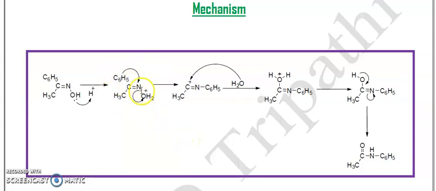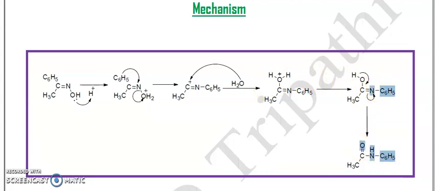Always remember the group which is anti to the water. Since water is eliminating, this carbon has two groups, one methyl and one phenyl, but phenyl is anti to the water. Water is this side and phenyl is this side. This anti group will always migrate. So once this group migrates, this generates a carbocation, and this very readily is attacked by the water, leading to hydrolysis, and this will generate an amide.